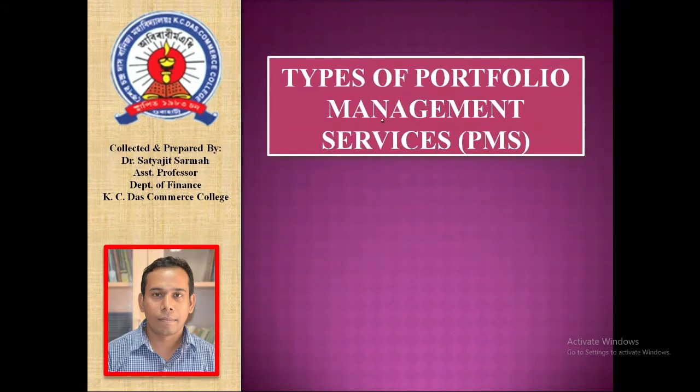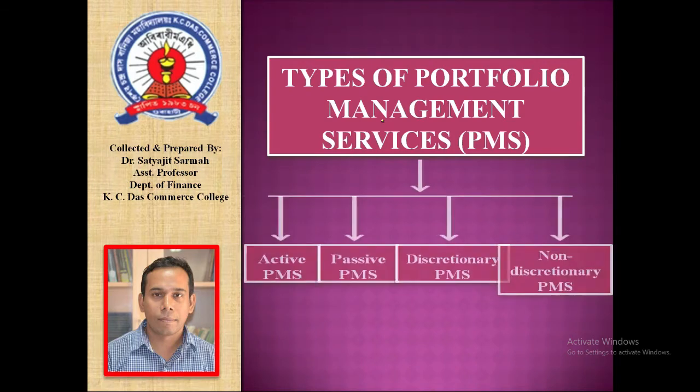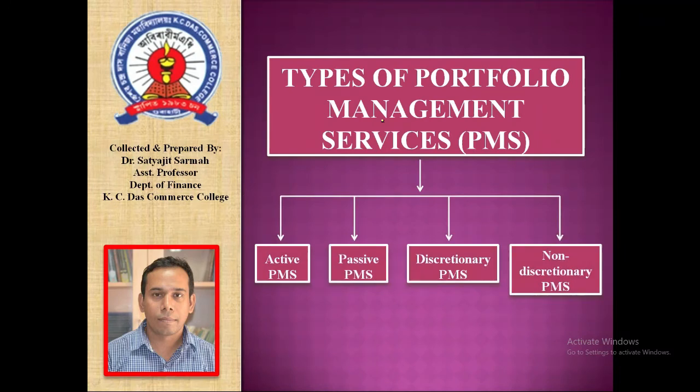So, the management of portfolio is the objective of portfolio management services. There are generally four types of portfolio management services: active portfolio management services, passive portfolio management services, discretionary and non-discretionary portfolio management services. Let us discuss those types in detail.